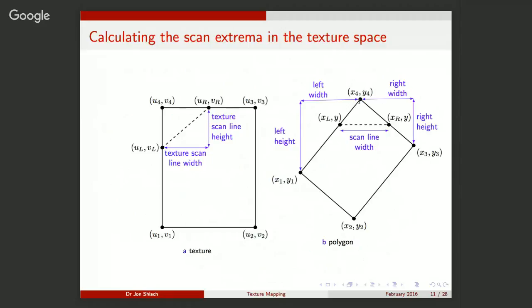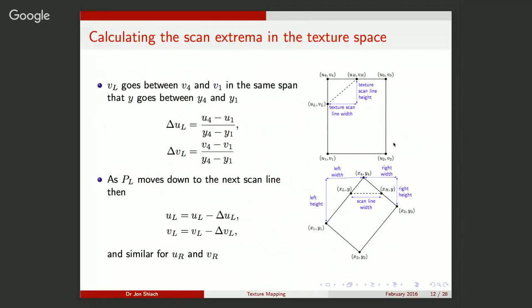So the span between X4 Y4 and X1 Y1 should be equivalent to this span down here. So we go down in the texture to make sure that the spans are the same. And likewise, going across, UR VR goes across the texture in the same span as we go down this edge here.